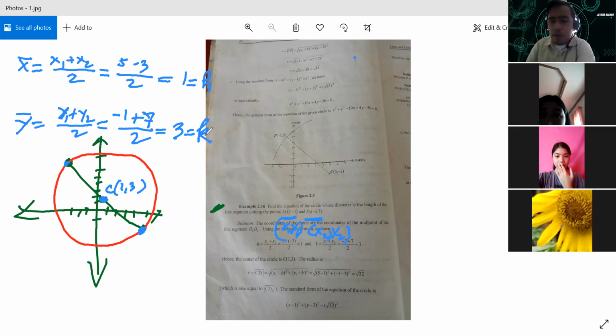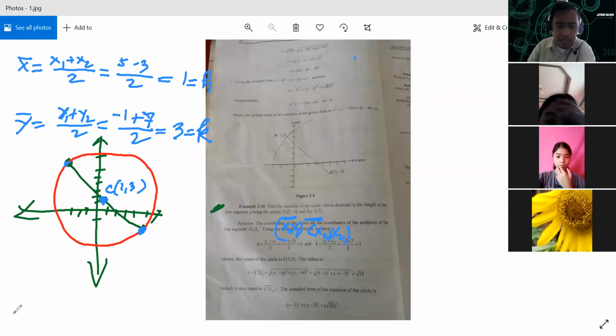The only problem here is to find the radius. To find the radius, you just have to use this center and this point. You have to find their distance. And I think you already know the distance formula, right?